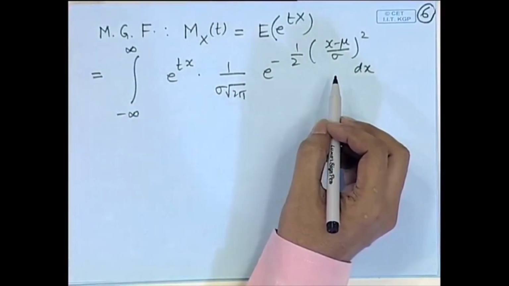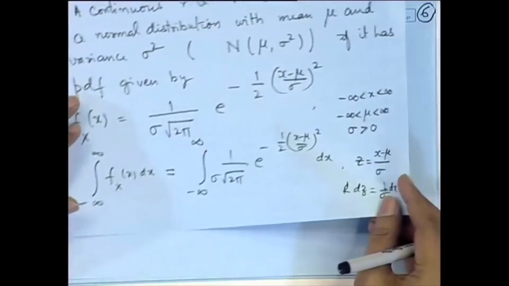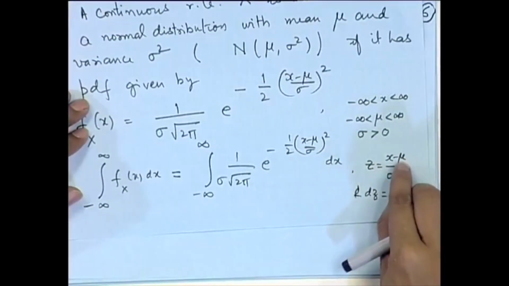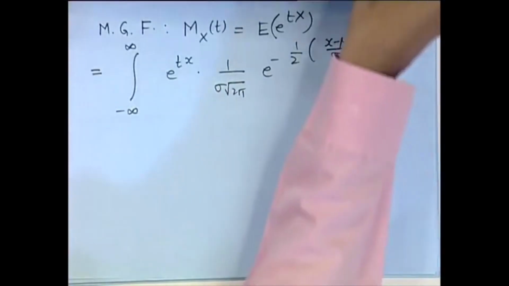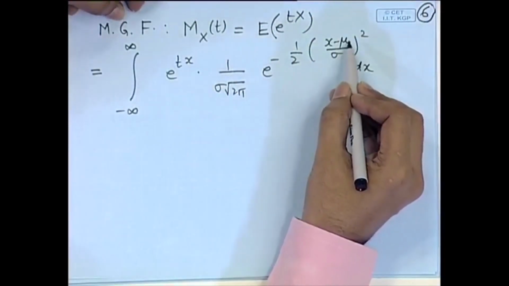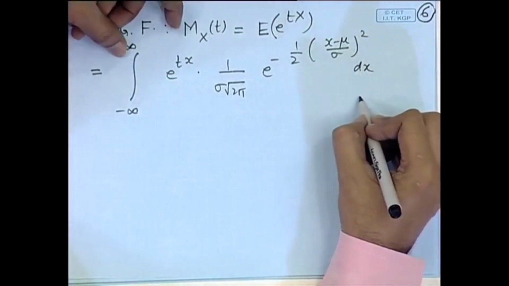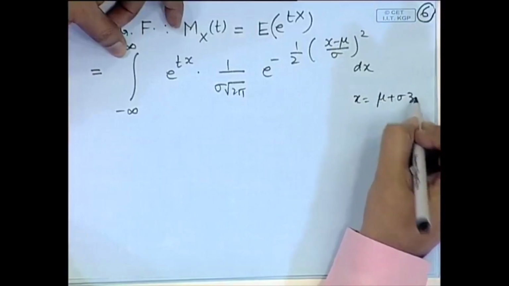So, we will still consider the same transformations which we introduced for the evaluation of any integral involving the normal density function, that is z is equal to x minus mu by sigma. So, here if we write x minus mu by sigma is equal to z, then we are having x is equal to mu plus sigma z.